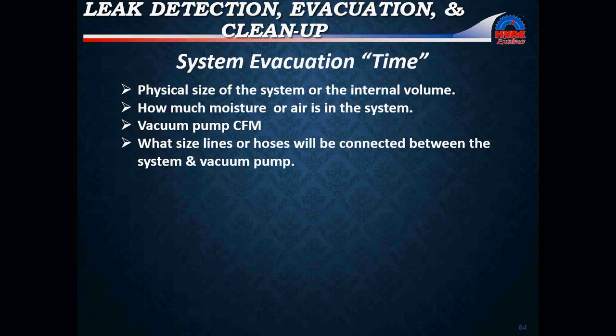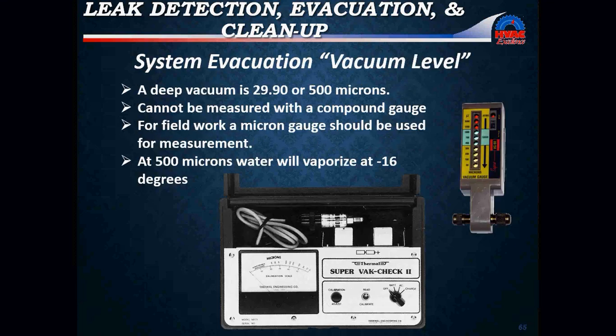So a system with an internal volume of 2 cubic feet will actually need approximately 30 cubic feet of air pumped out. So that kind of gives you a little bit of an idea of why time is needed to do a proper evacuation on a system.